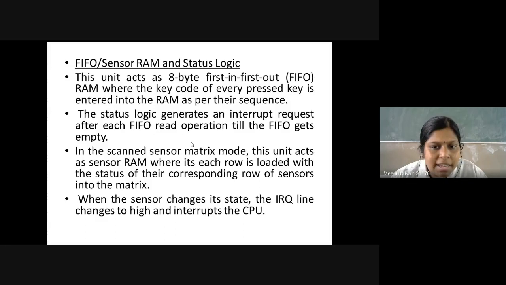So when the sensor changes its state, its IRQ line changes to high and interrupts the CPU. We will see this IRQ line in the pin diagram. Okay. So this is what the FIFO sensor RAM and the status logic will do.